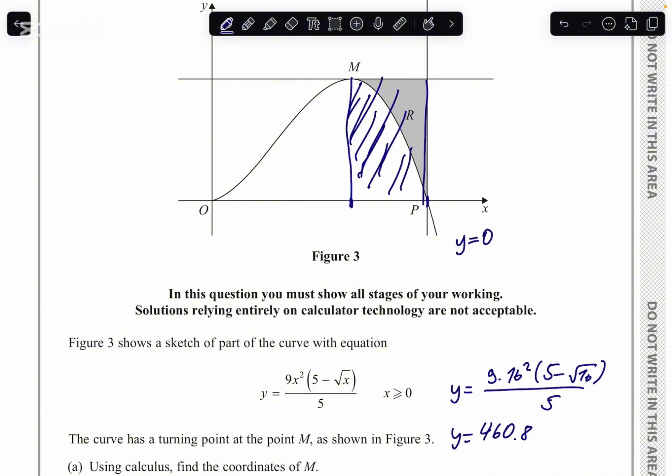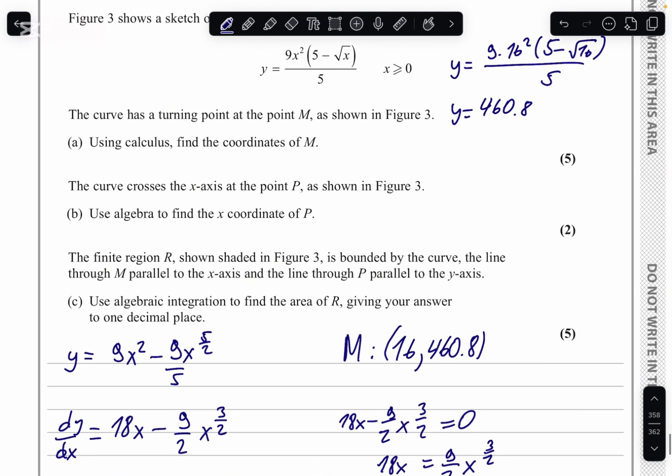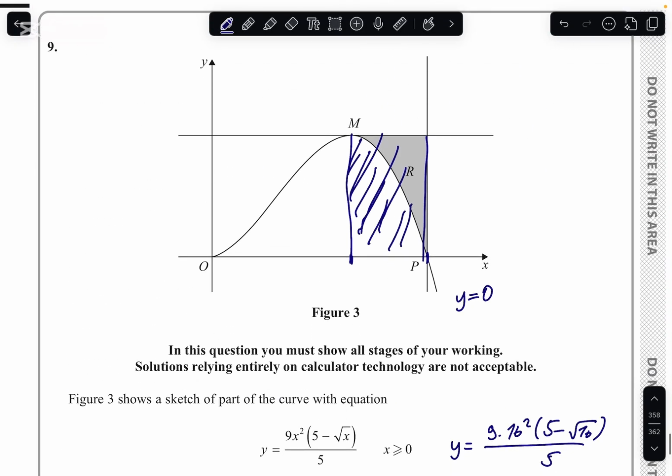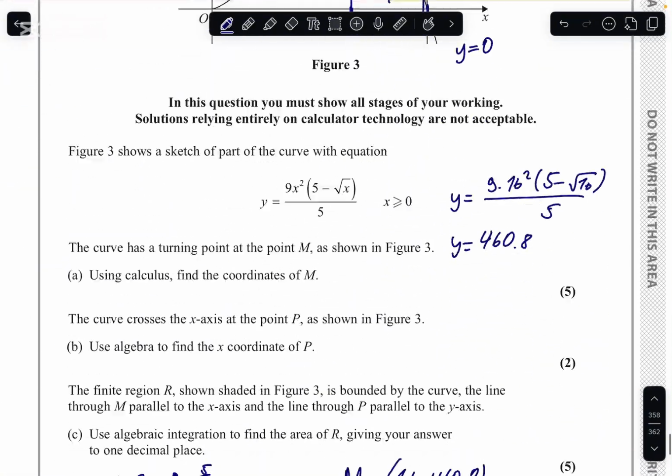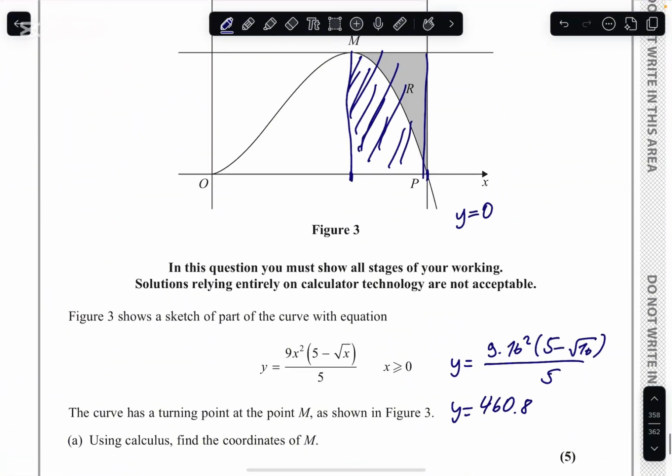So how we'll do that? We need the x-coordinate of m, which we found earlier to be 16, and the x-coordinate of p, which we found to be 25. So the distance between this and this is 9. And we need also the y-coordinate of m, because we already know that this is at y equal to 0.